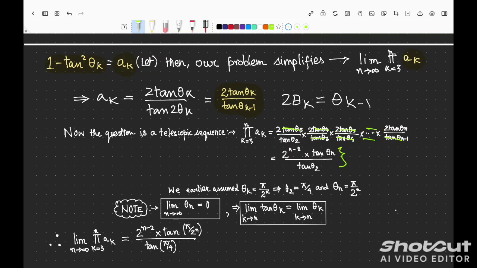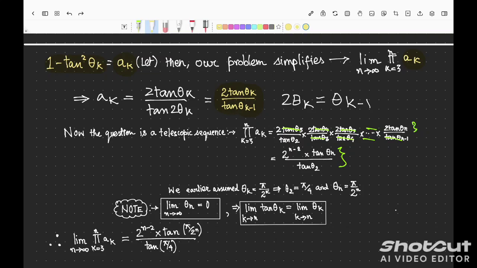So this is the final expression that we get, that is 2 to the power n minus 2 into tan of theta n. See, here it is tan theta n, and for the denominator we will get it from here, that is tan of theta 2. So we get tan theta 2 in the denominator. Now we earlier assumed that theta k is equal to pi by 2 to the power k.